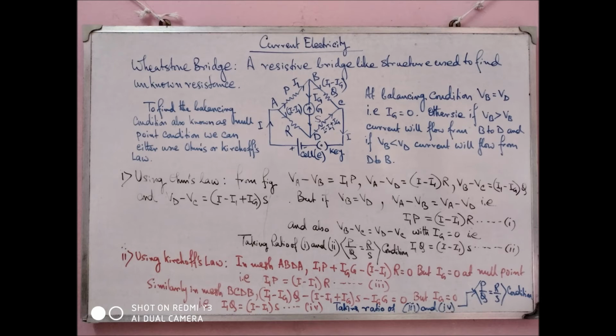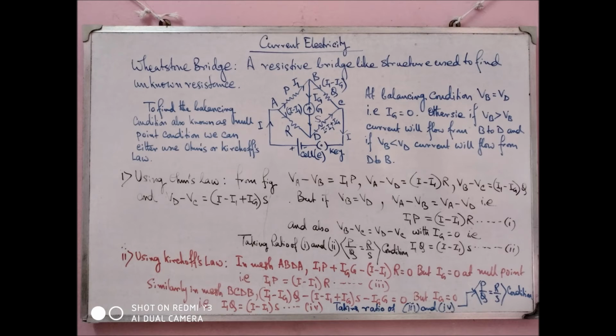So again, at this condition, the Ig should be 0. There is no current to the galvanometer. So putting Ig equal to 0 and these two potentials equal, VA minus VB equal to VA minus VD, and VB minus VC equal to VD minus VC.